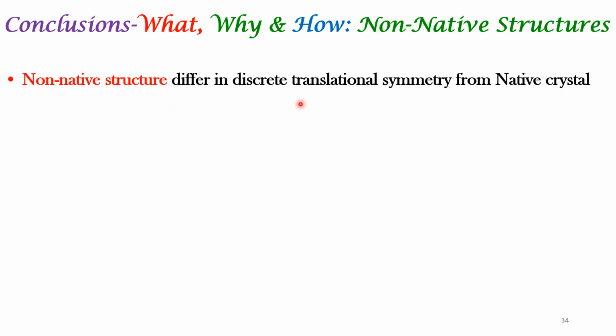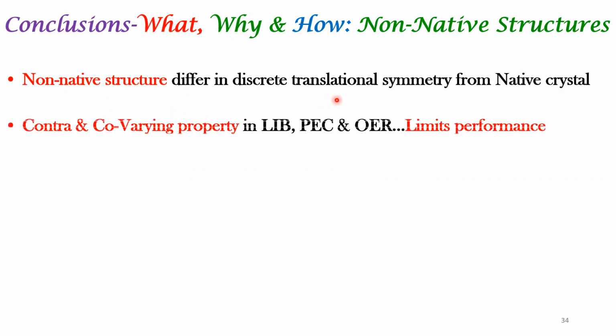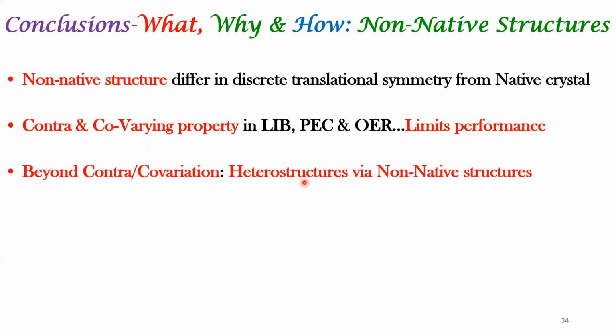We identified contra and covarying properties in lithium ion batteries, photoelectrochemical systems, and the oxygen evolution reaction that limit the efficiency, and we argue that non-native structures and heterostructures formed between native structures and non-native structures will help us go beyond these limiting behaviors.